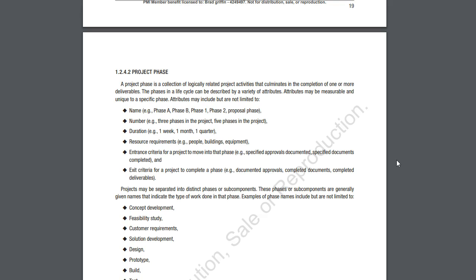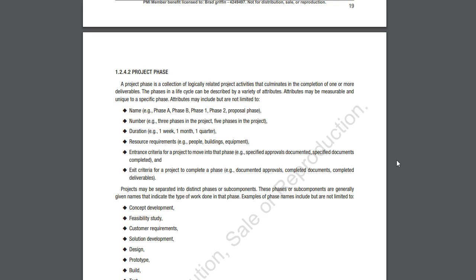So you may see things like looking for customer requirements in a project. One of the terms we use that's a little confusing in project management is customers are not necessarily external. If I'm building a project at Peru State College, my customers very well may be coworkers here because they're using those services.